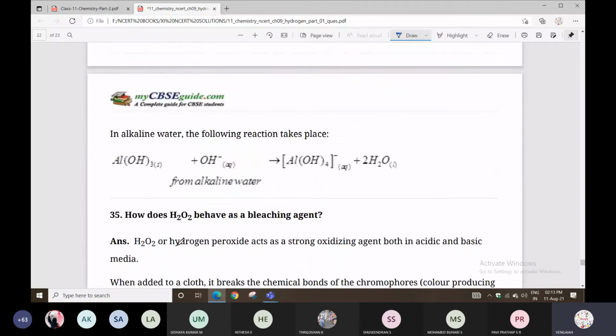What will happen? Al(OH)3 reacts with OH- ions to form the aluminate complex, so complex formation takes place.